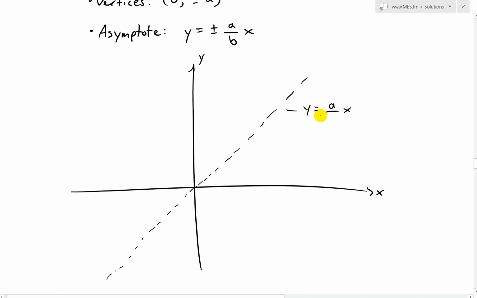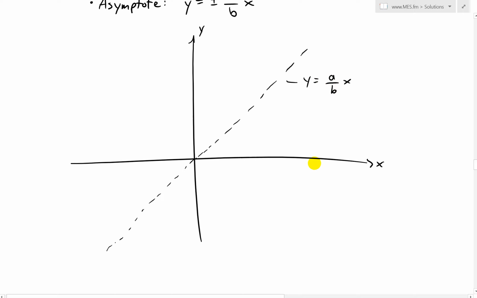And then this other side is the negative side going downwards. And this is our y equals negative a over b x.